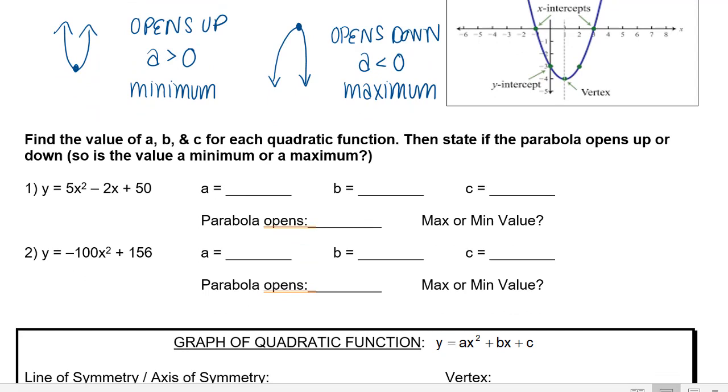So in our first example, we have y is equal to 5x squared minus 2x plus 50. Our a value is that number in front of the x squared. Our b value is whatever is in front of the x. And our c value is that constant that's being added or subtracted.